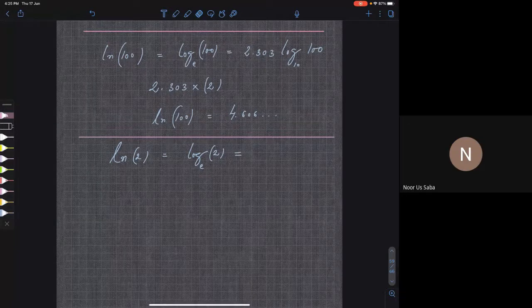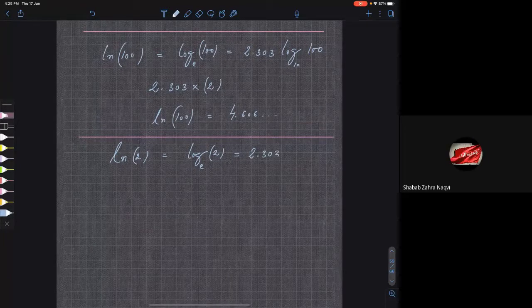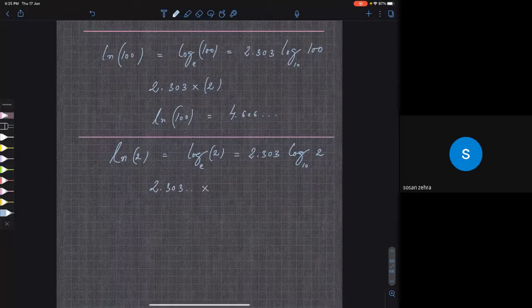So what will I write it as? 2.303 times log 2 to the base 10, right? So what is it? 2.303 times 0.301. Very good, very good.